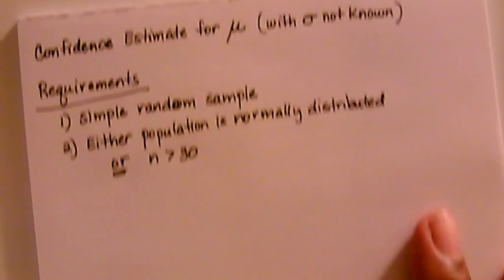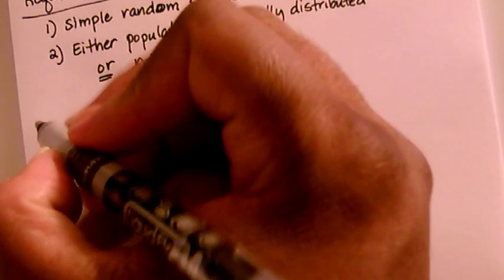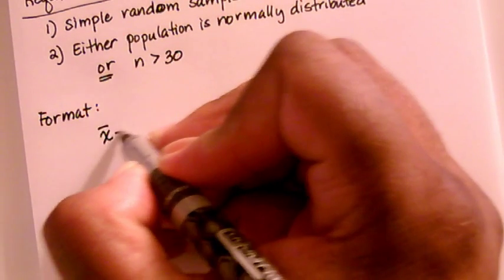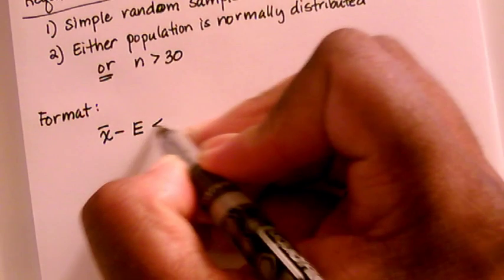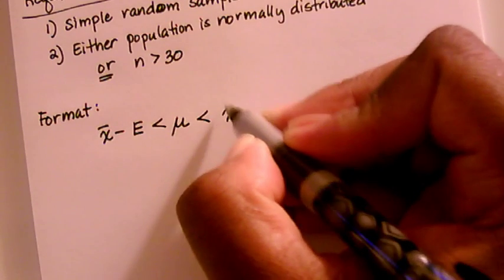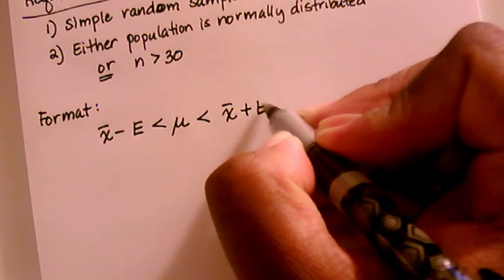Okay, so now, here's the format. The format is this: x bar minus the margin of error, and that's less than mu, and less than x bar plus the margin of error.